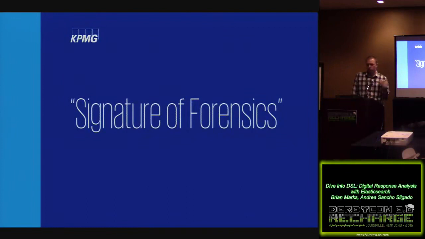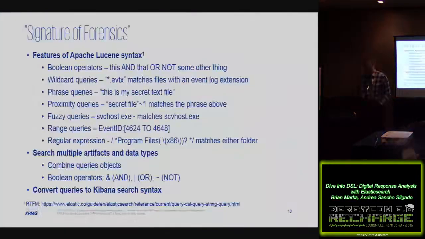So if you have things like Yara and IOCs for those use cases, what do we have for our use case of signature forensics? Well, we have all the features of Apache Lucene syntax that is built in with the query string. That's Boolean operators in the search string, as well as wildcard queries, that you guys know.